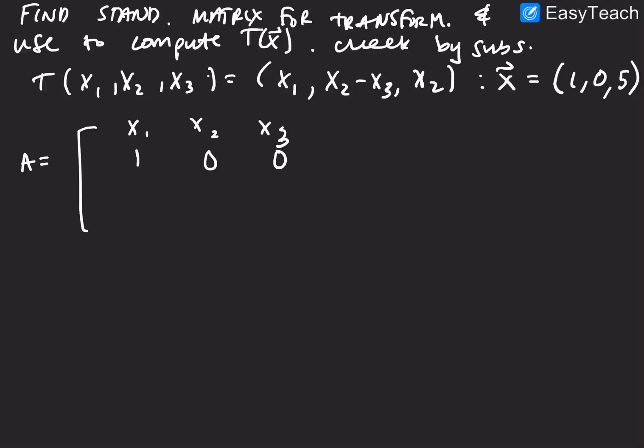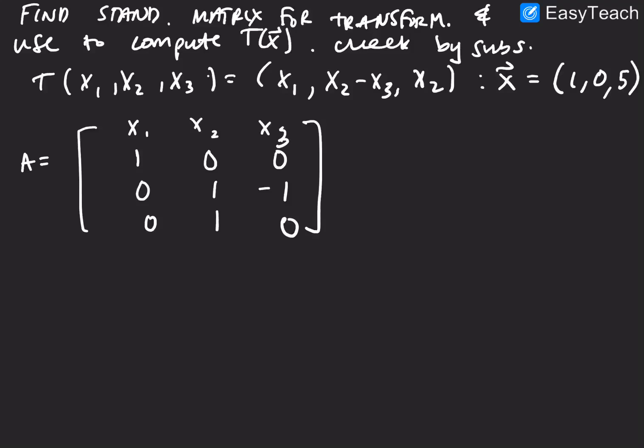In my second row, I have no x1s, I do have a 1 x2, and I have a -1 for the x3. And for this one, for the z, I have no x1s, I have 1 x2 and no x3s.